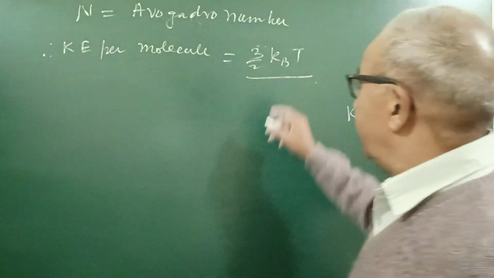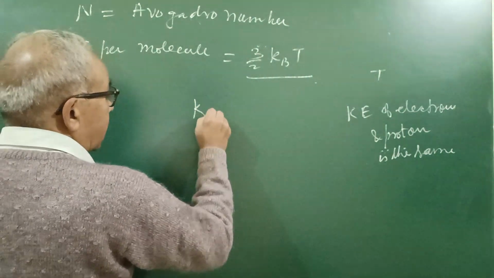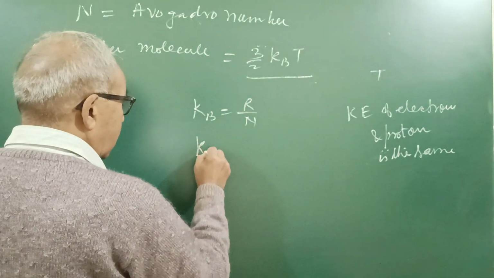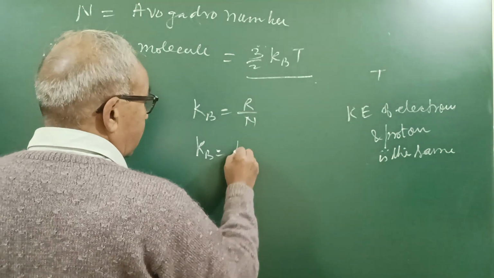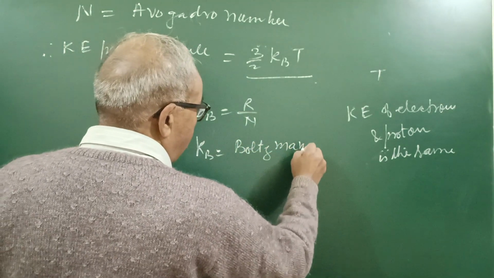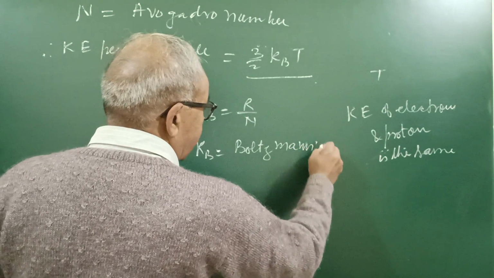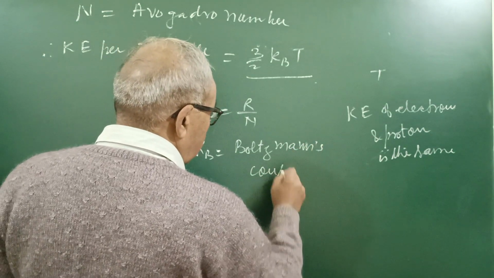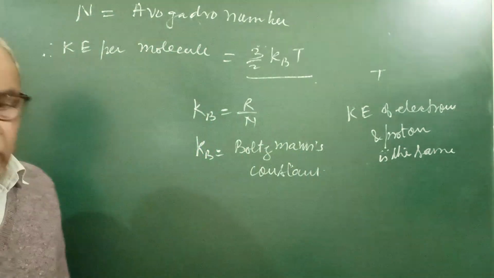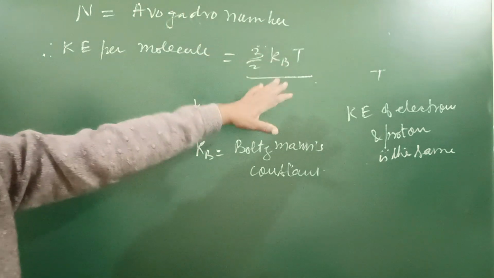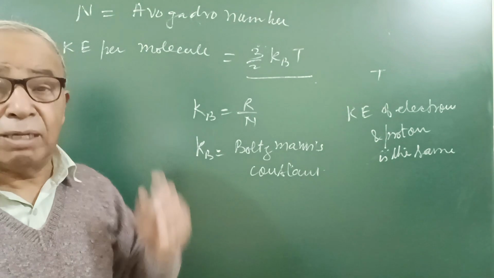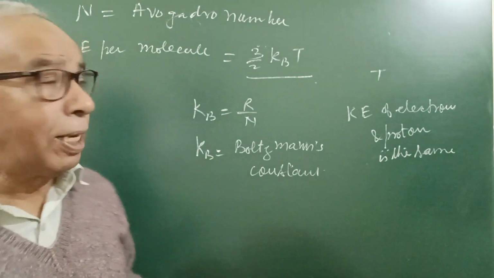And hence here, I told you k_B equal to R by N, and k_B is the Boltzmann constant. I have explained its value and unit also. Joule per kelvin is the unit. So we can generalize this, though we derived this expression for a molecule of gas.